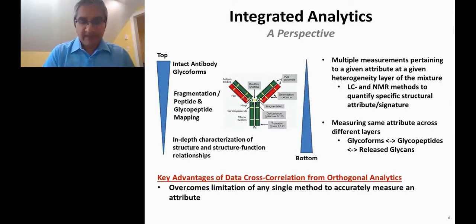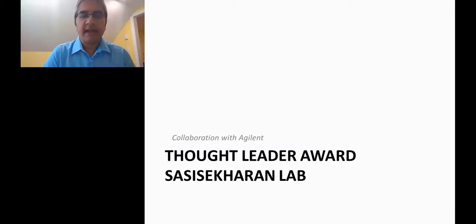So given that we had this perspective, and with all the successes that our lab has had in characterization of complex molecules such as polysaccharides and also looking at development strategies in taking the molecules to a rapid development path, Agilent actually recognized Professor Ram Sasisekharan and the Sasisekharan lab to provide this Thought Leader Award.